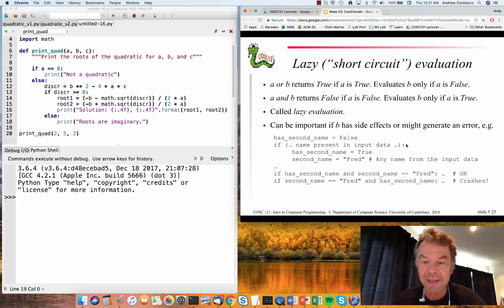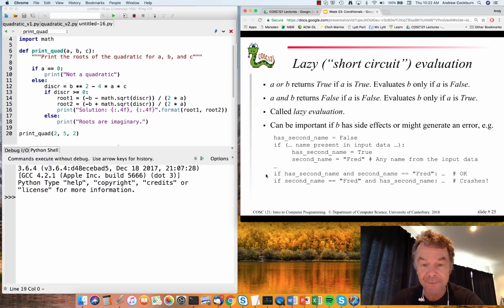If a second name is present in the input data, we'll change the boolean value for has second name to true, and we'll make the assignment to that second name. Okay? But this assignment only happens if the person has a second name. So it's possible to get to the code beyond this conditional statement with has second name being false, and no assignment being made to second name.